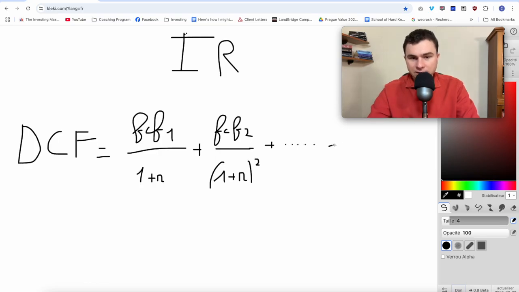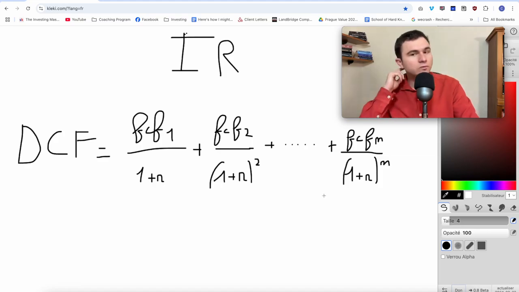And you have this free cash flow of the year N, and this is 1 plus R to the power N. Very well. So this is your formula.